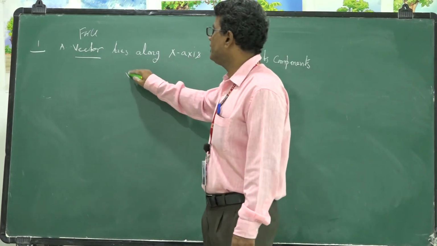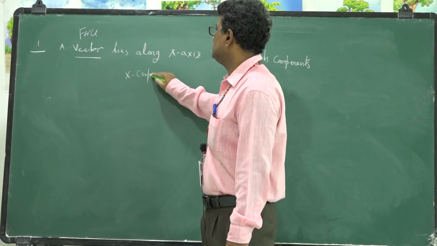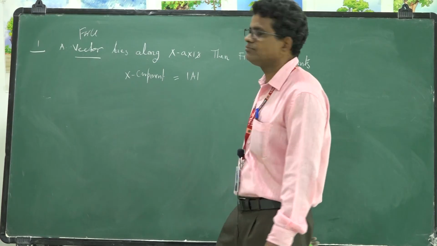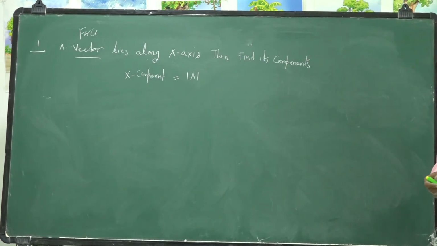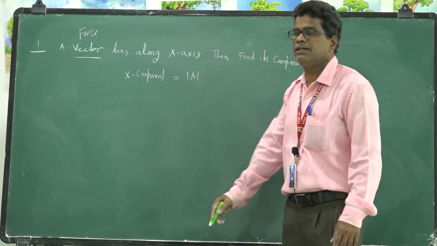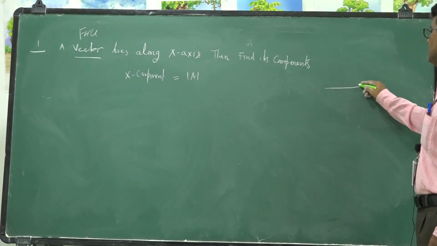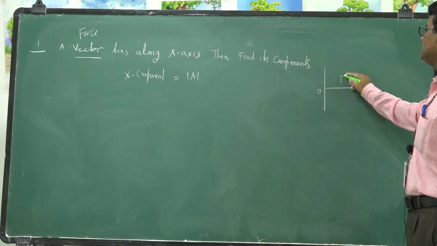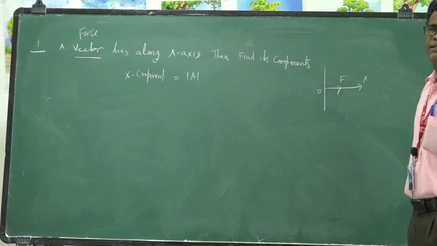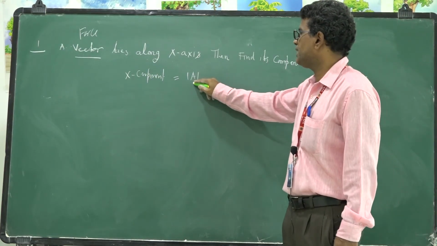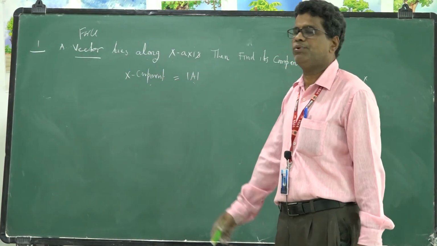The x component becomes the magnitude of the vector, because it makes an angle 0 with x-axis. If the force acting on the body is along x-axis, its magnitude is F. So the magnitude of the vector becomes the x component.